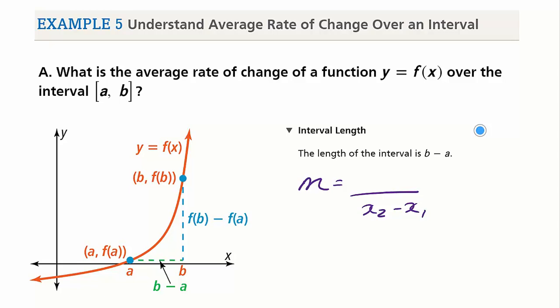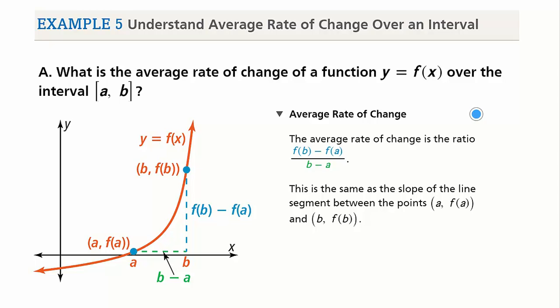So in this case, it would be b minus a. So the change of the vertical distance over the change of the horizontal distance. And when we put it together, we have our formula. Now let's actually practice this on some graphs that have numbers to make it a little bit easier.